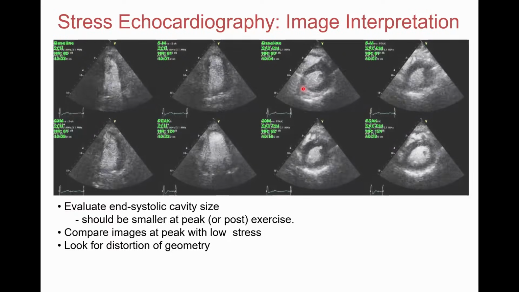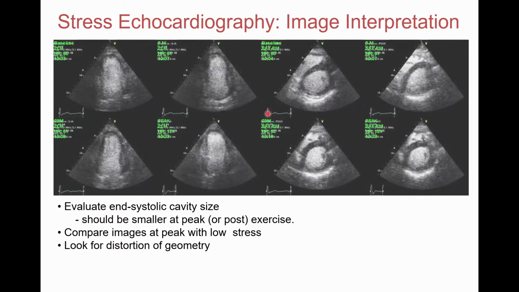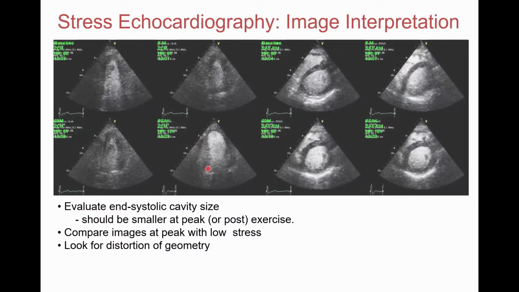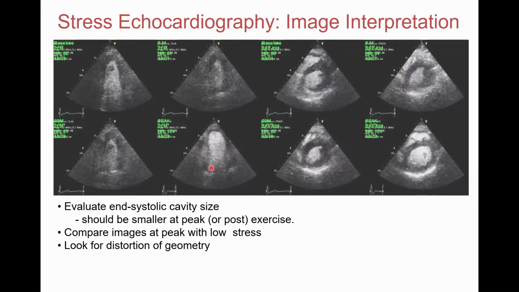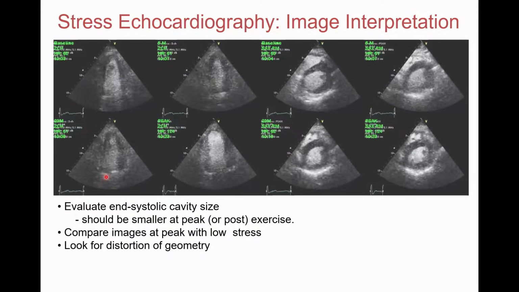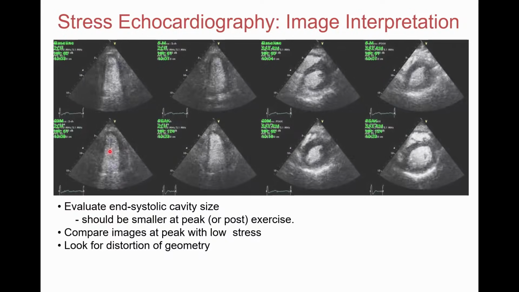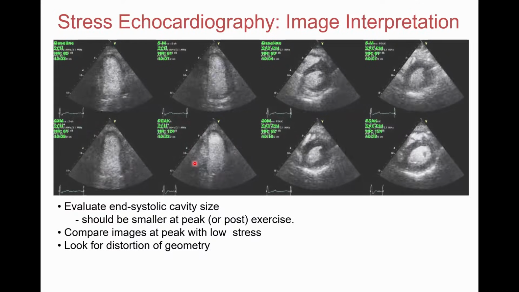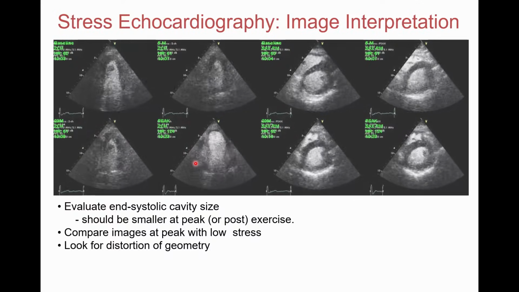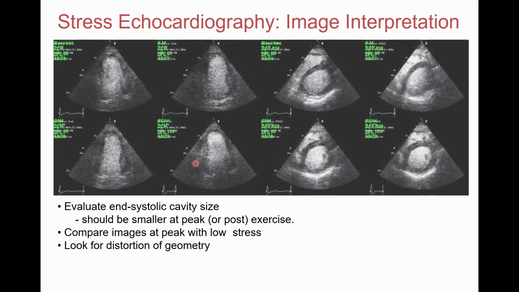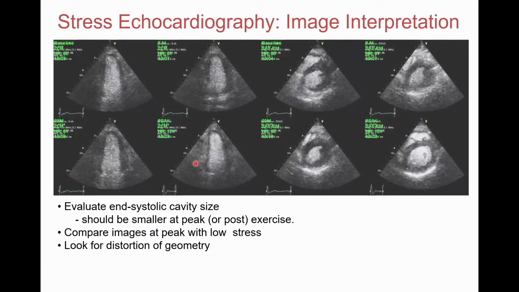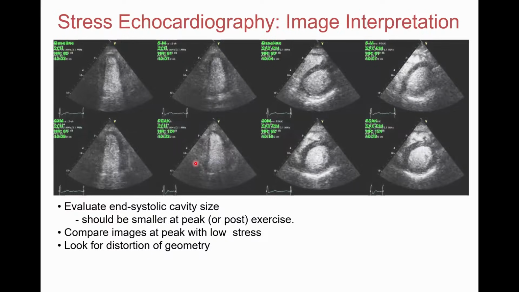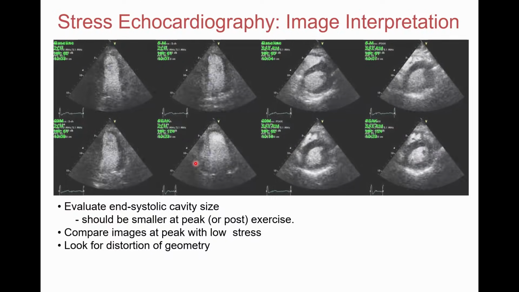So this one is more interesting because what you have here is, and I think you can see it very nicely here. Now, look at it compared to here. So the whole cavity has become bigger at end systole, which means EF dropped. But do we see any distinct regional change, or is it the whole cavity?